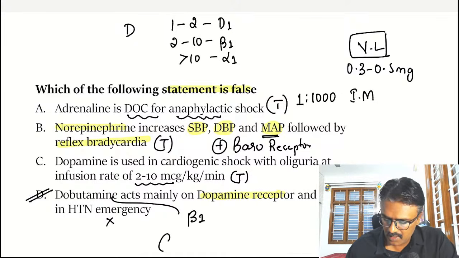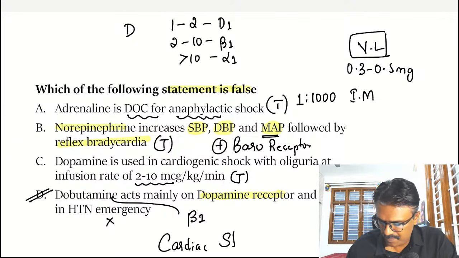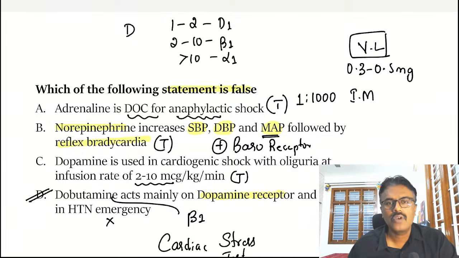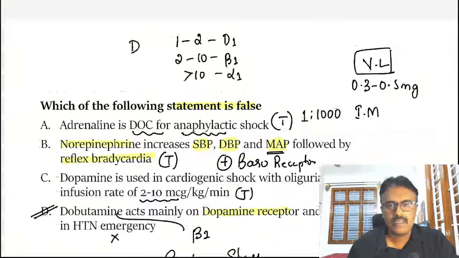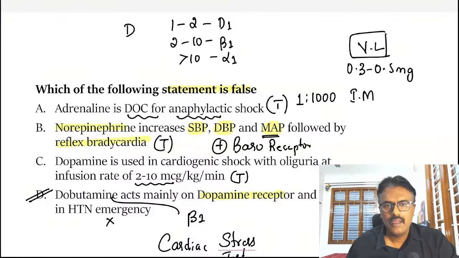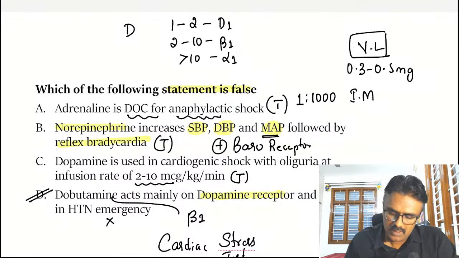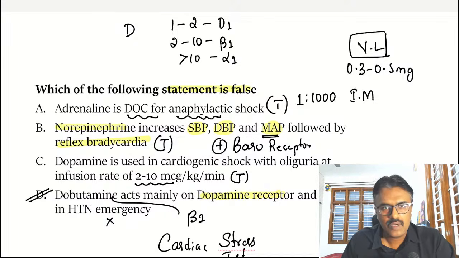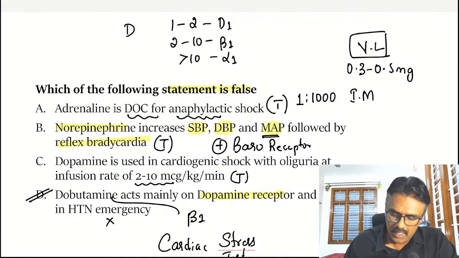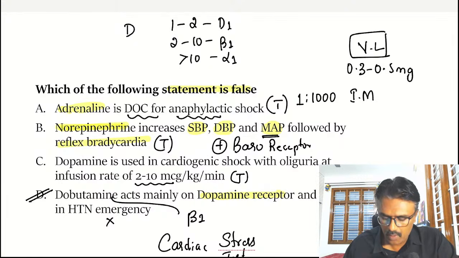It is used in cardiac stress testing, and also for cardiogenic shock. So this is the wrong statement. So what should I know here? Adrenaline you should know. Norepinephrine, also called noradrenaline, and dopamine: what doses, what it does, you should know.